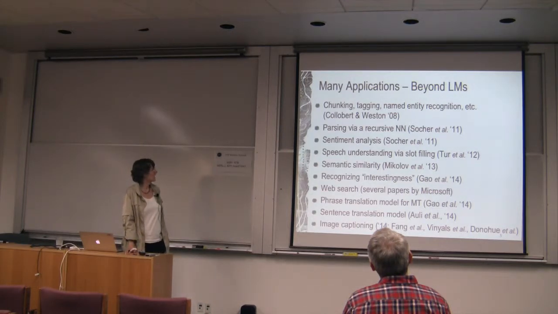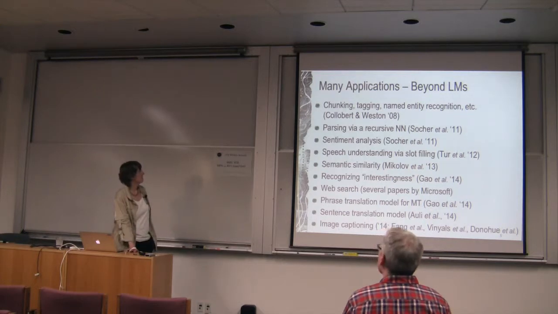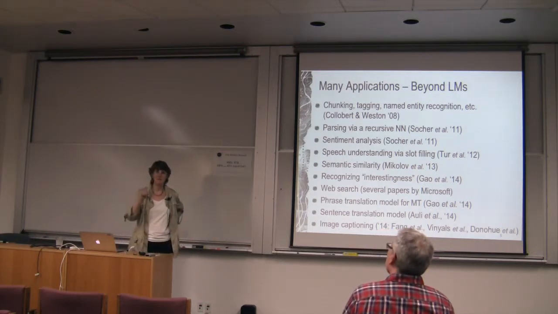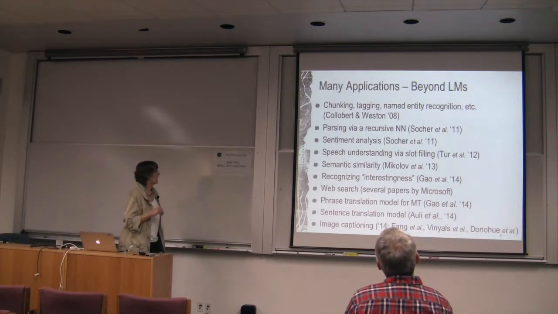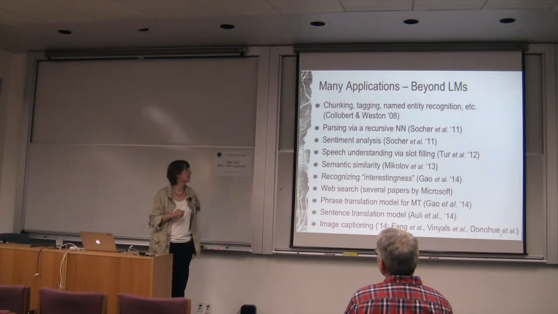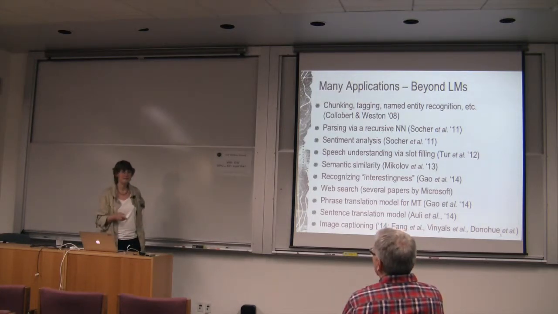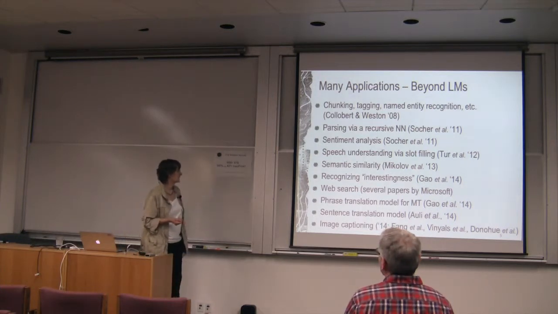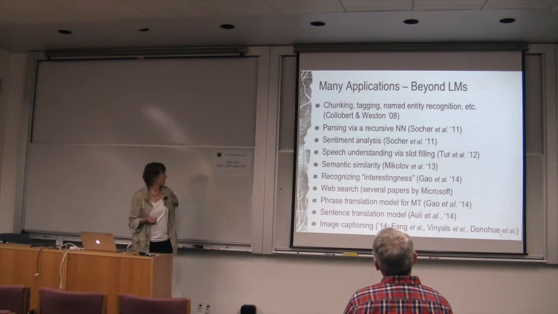So there's some work that was done early on on chunking, tagging, named entity recognition, doing a bunch of different tasks. There's a lot of work happening at Stanford on parsing, sentiment analysis, and a lot of work happening at Microsoft: speech understanding, recognizing interestingness, whatever that is, web search, phrase translation.